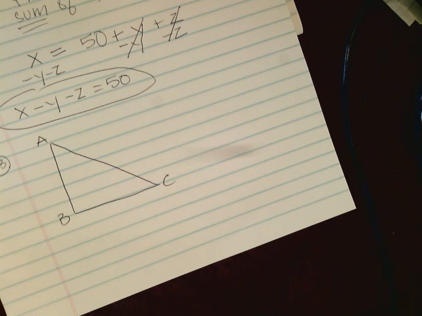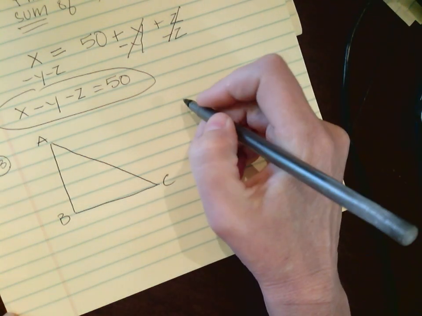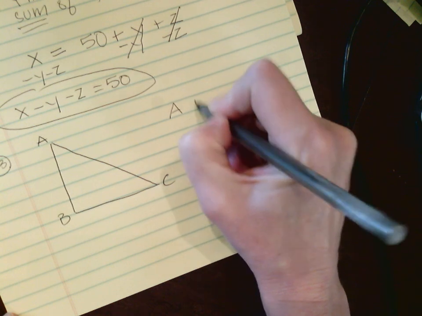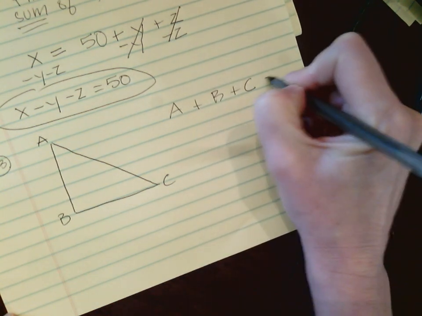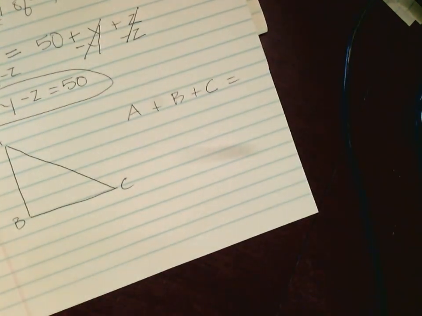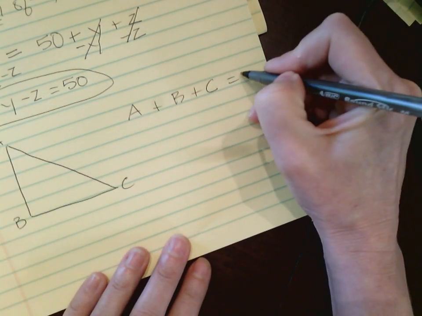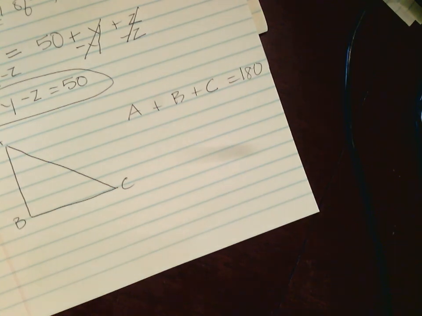Okay, so when I write this out, the first thing I need to know is the three angles of any triangle are always going to equal 180.